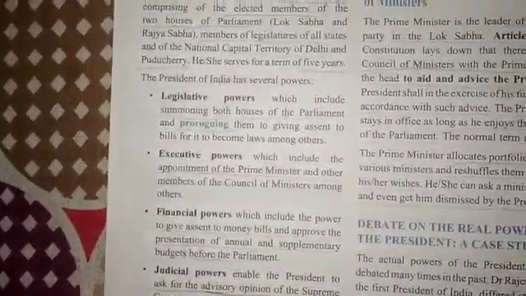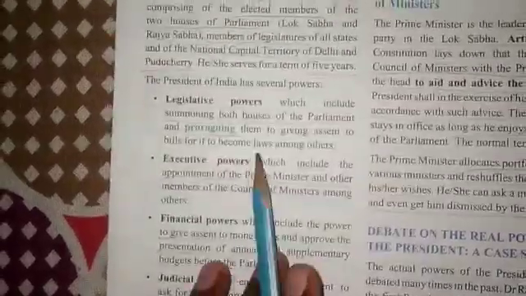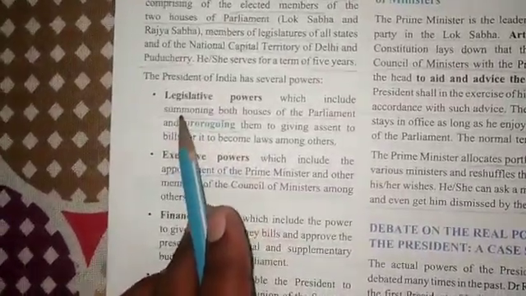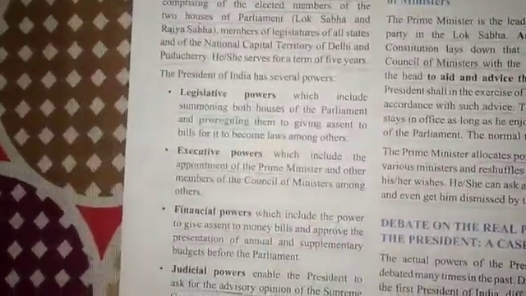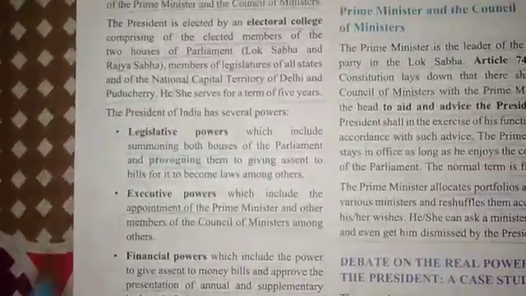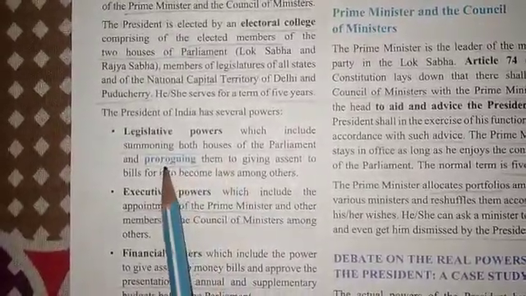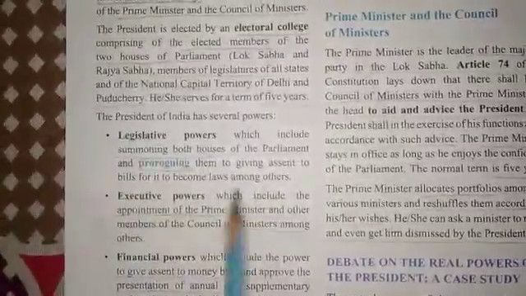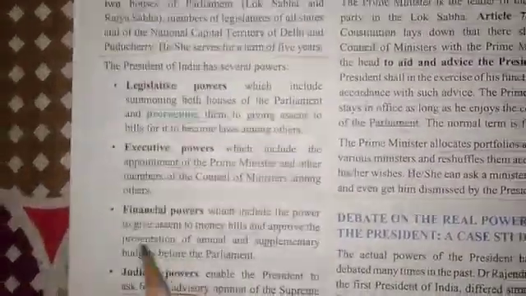That means, if the president feels a need to call the house for a meeting, he can summon the houses, or if he thinks that dismissing the house is necessary, he can either call the house or dismiss the house for the discussion of a bill to become a law.